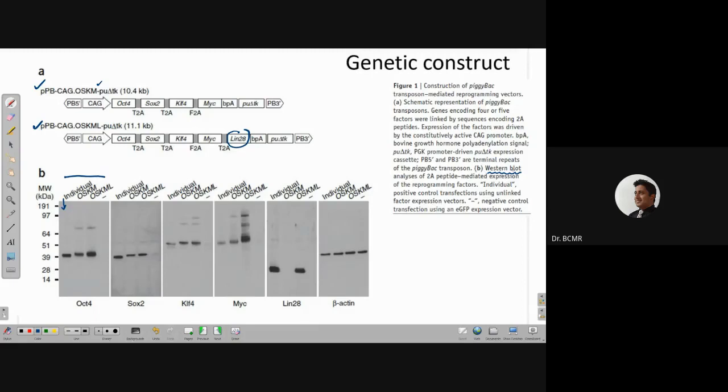So you should say something like they have used primary antibodies against OCT4, and then you should tell what secondary antibody and how they visualized it. Those kinds of details will give a good impression.